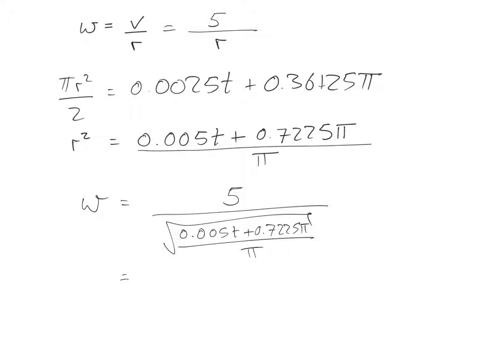Which, if we take the pi up and put the 5 inside, we get the square root of 25 pi over 0.005t plus 0.722 pi.